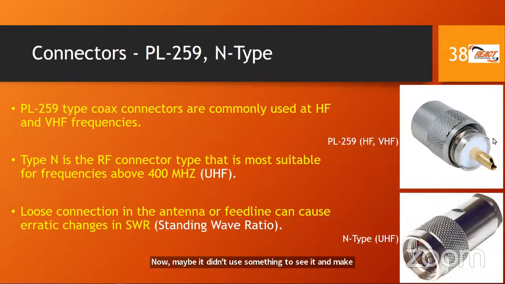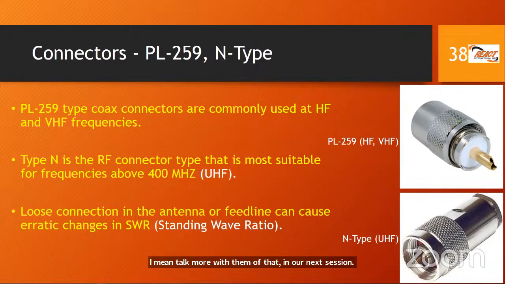That can cause the SWR, which is a match between your radio, the transmission line, and the antenna, to go off. So you just need to know that if this is loose, that's not good, and you can have changes in your SWR, which is a problem. We'll talk a bit more about that in our next session.